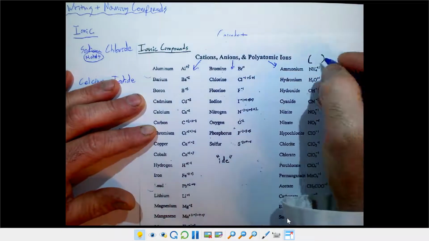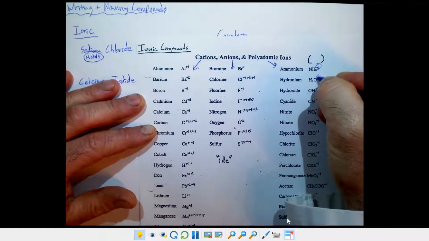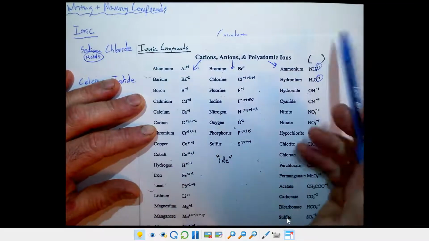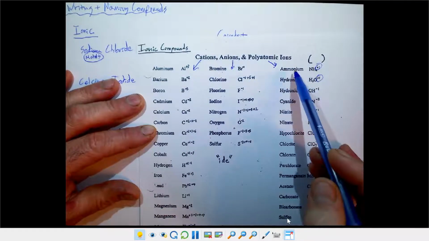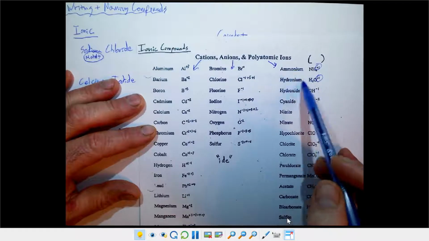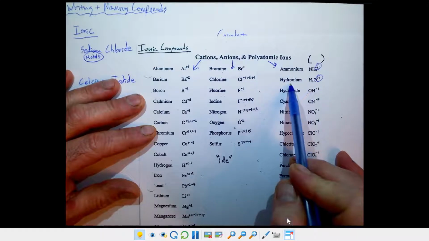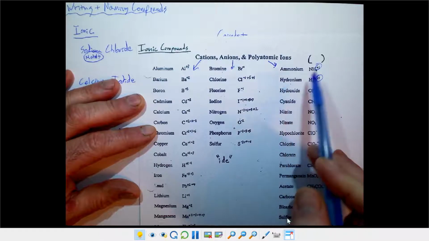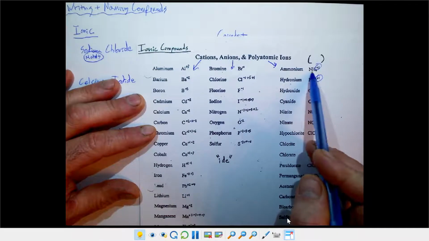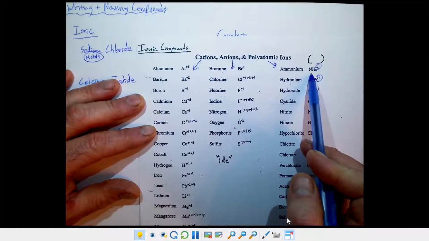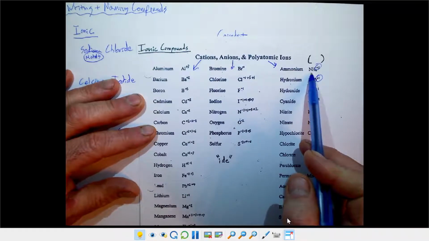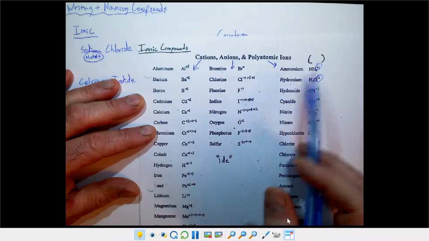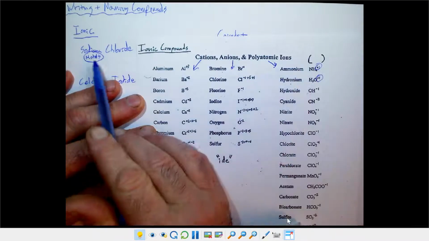Now, I want to talk about these guys. Notice that both of these guys have a +1 charge. And because they both have a +1 charge, if you have a compound starting with one of these, it's going to actually be ionic. Really both, because you've got covalent bonding going on in here, but the whole entity is going to act like a metal, and it's going to basically get rid of an electron to a nonmetal that would join with it, just like other metals do.